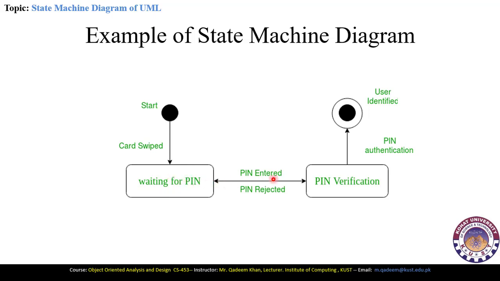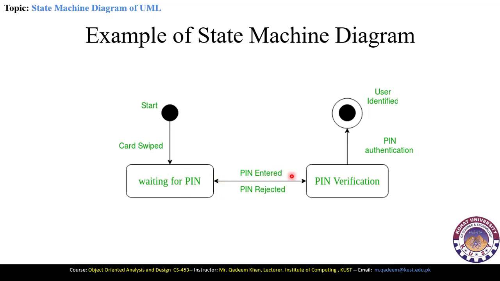There you can see there is a bi-directional line. When the pin code is entered into the card reader machine, the pin code verification is called. If there is a problem, for example the pin code is wrong, then a pin code rejected message will be provided, and again the system will wait for the entering of the pin code.